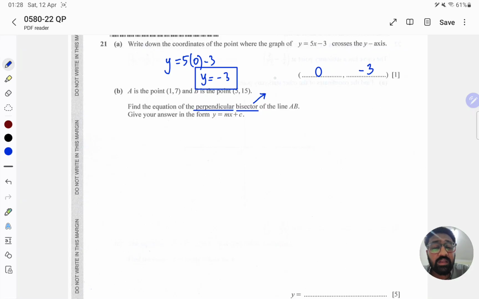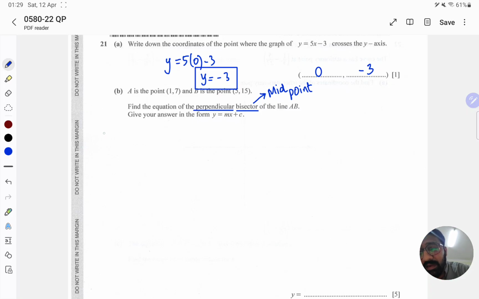Remember, if the question talks about bisector, he is basically talking about the midpoint from where the line that you are interested in finding passes. For finding the equation of the line, you need to have the gradient.